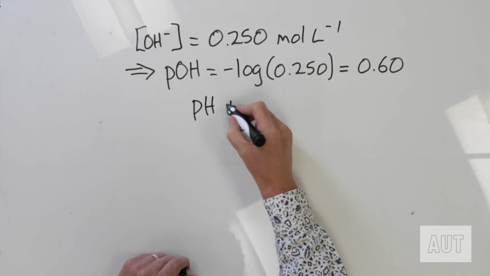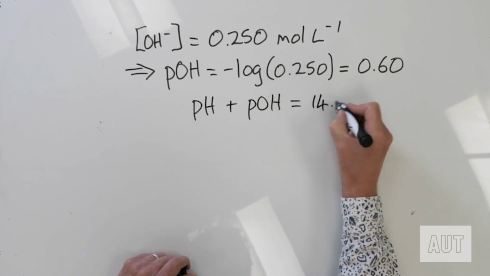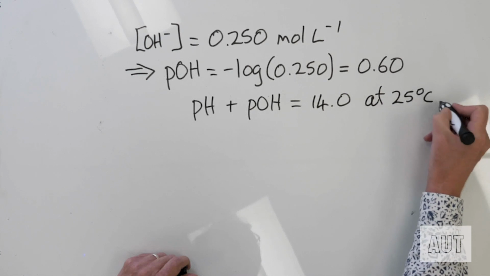The question asked what is the pH of this solution, not what is the pOH. How do we get the pH from the pOH? Here's an equation that you'll probably need to remember: pH plus pOH is equal to 14.0 at, all importantly, 25 degrees Celsius. That's the relationship between pH and pOH.